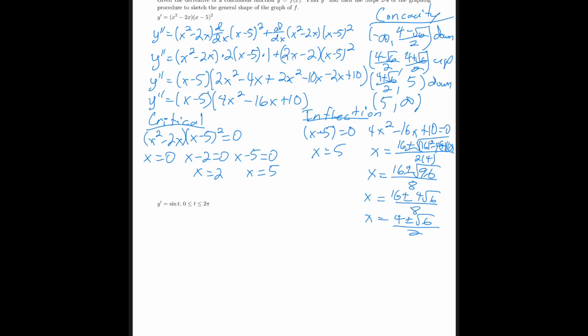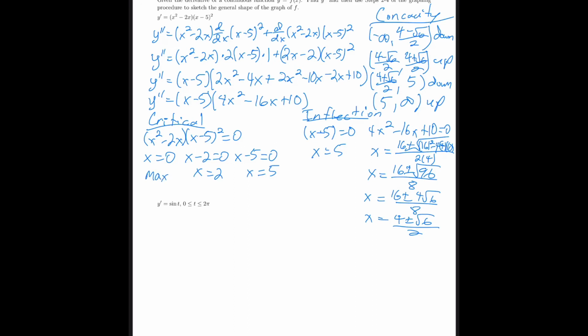Then the next one, we could plug in something like 4. So that's negative, so that's concave down. And the last one, we could plug in something like 6, which is positive, so that's concave up.